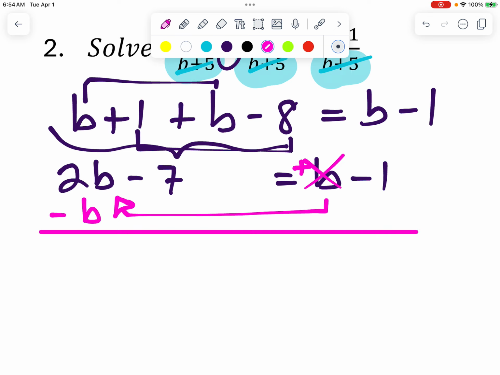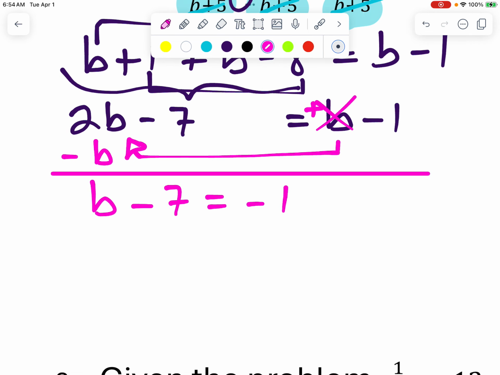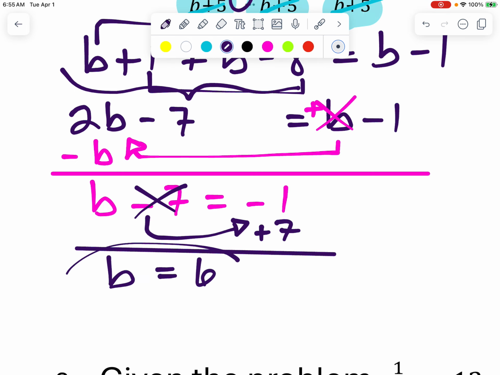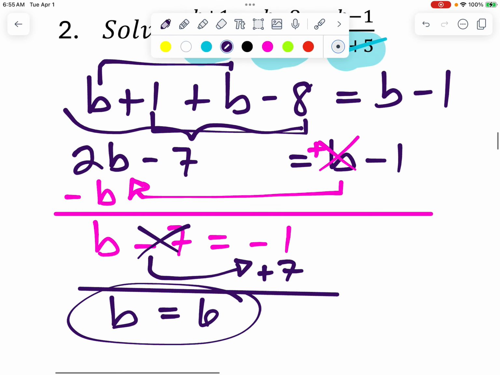So then I do 2b minus 1b is just b, just 1b. And then bring down the negative 1. So now that we have the letter on the left, we're going to move the negative 7 to the right. So the opposite of minus 7 is plus 7. And then we just say b equals 6, and that is our answer.